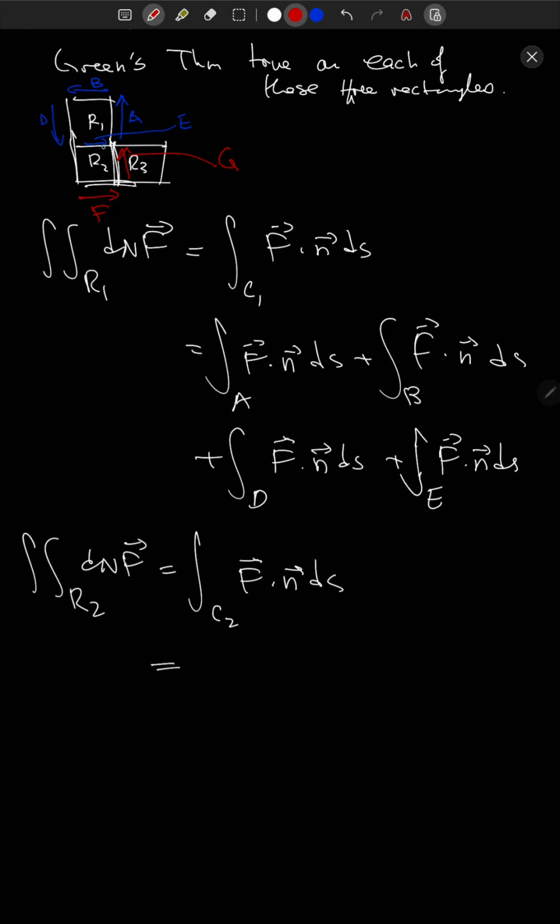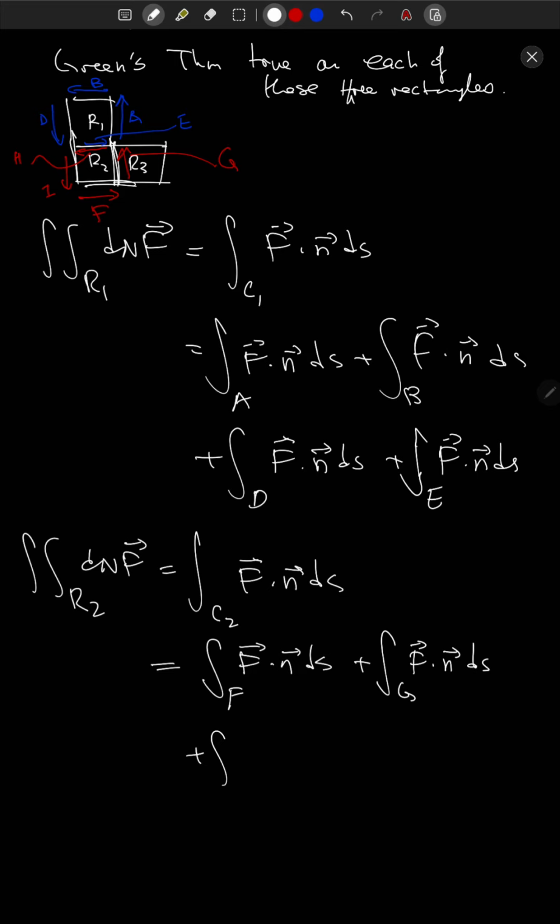Let me call that H for now, but it's really important that it's the opposite direction of E. And then I. F is probably not the best name, but too late now.